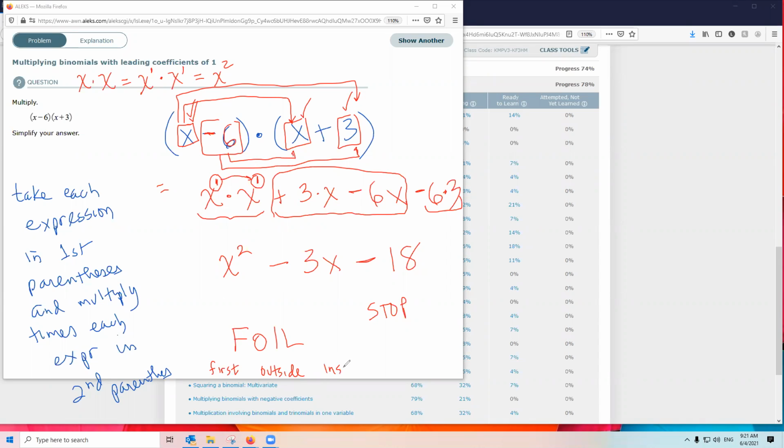Then you're multiplying the inside terms. The inside terms would be this negative 6 and x. And finally, you're multiplying the last terms in each parenthesis, the 6 and the 3. But I think this way is a little easier to think about because you're really just taking each expression in the first parenthesis and multiplying times each expression in the second parenthesis. All right, let's do another example like this.